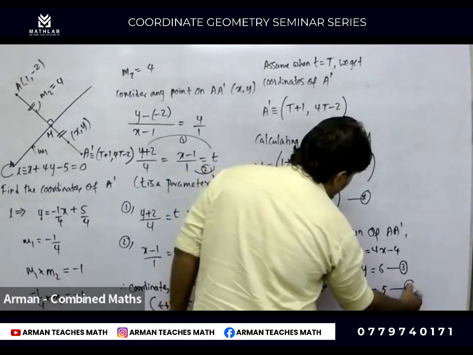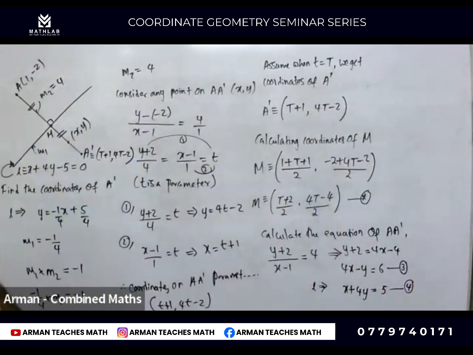We'll take it as the fourth equation. By solving this third and fourth equations as a pair of simultaneous equations, you get a value for x and a value for y. Those x and y values are going to be the coordinates of this capital M point.